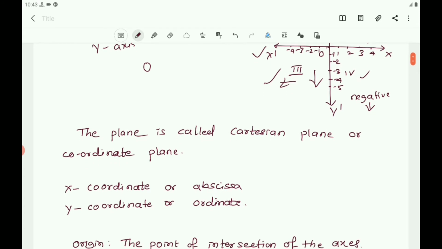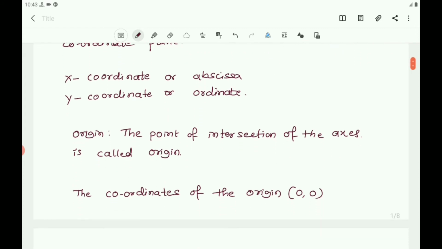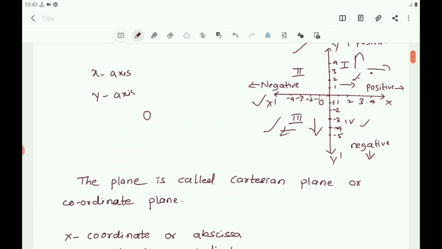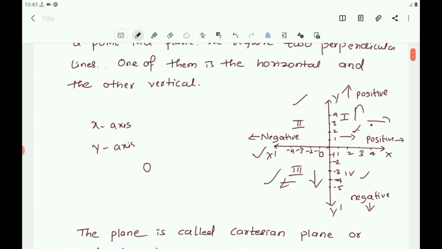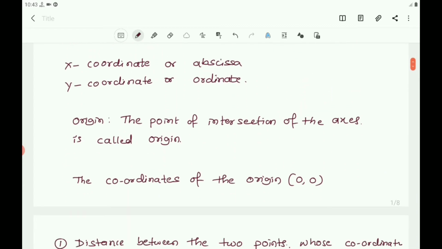The x coordinate is called the abscissa and the y coordinate is called the ordinate. The point of intersection of the axes is called the origin. Here both the axes intersect at the point O, so the coordinates of the origin are (0, 0).